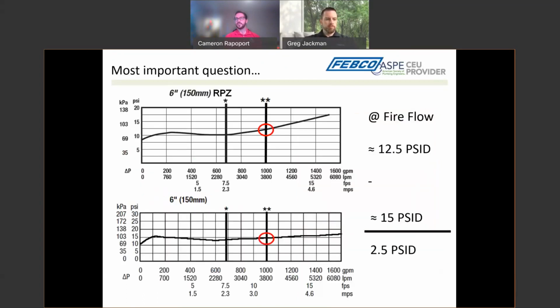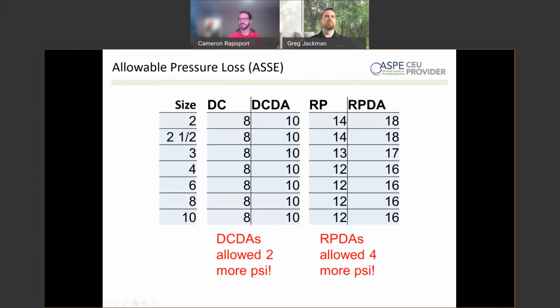You'll notice in these two, we have an RPZ and an RPDA, and you actually have a higher pressure loss in the RPDA. That is because you have to strengthen those checks in the main valve to ensure that the first 2 gallons a minute go through the bypass. This is reflected in the standards.